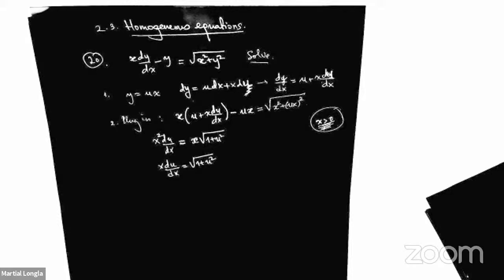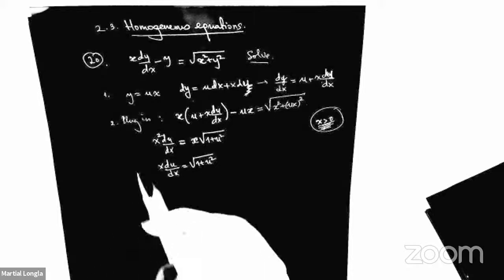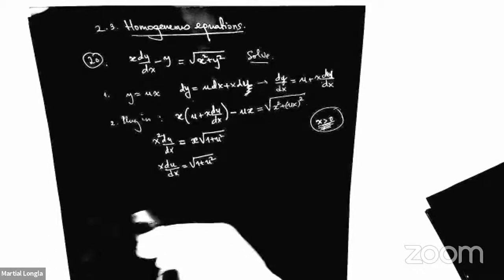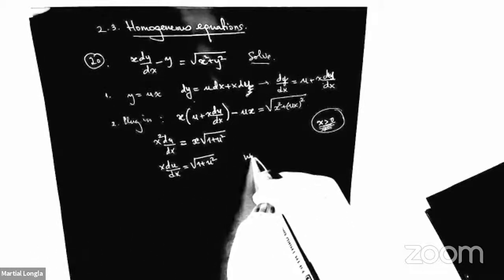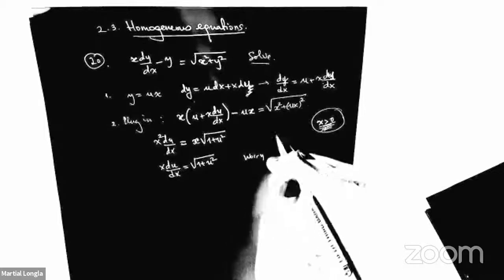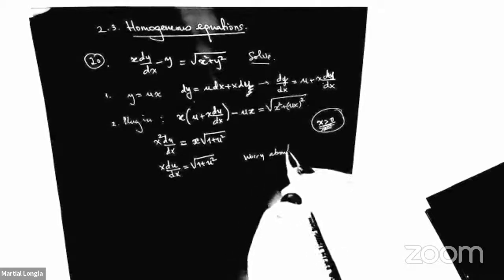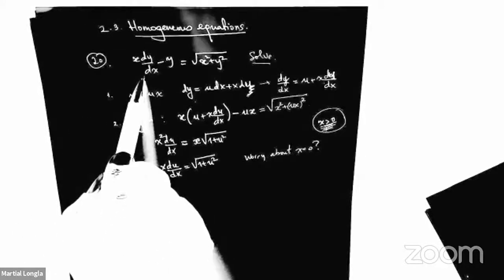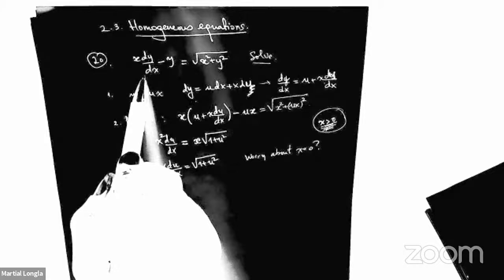Now, why shouldn't we worry about x equals 0 as a solution? Because the problem starts by dy over dx, which technically is y prime, which means you're looking for y of x.